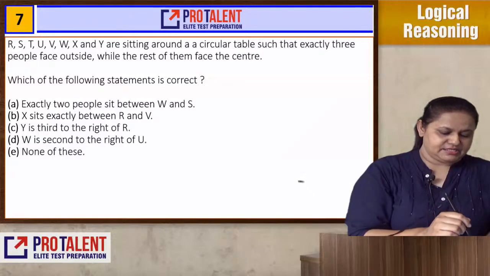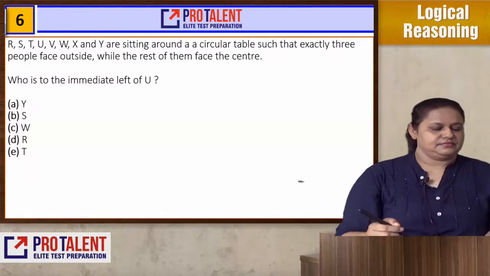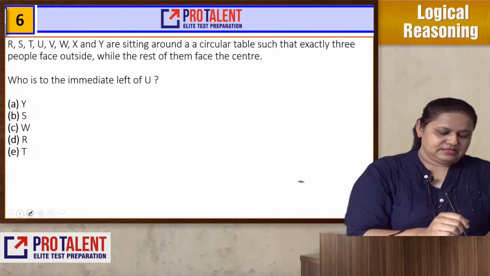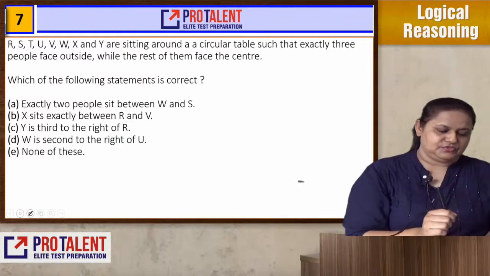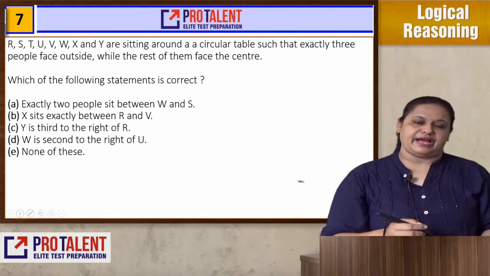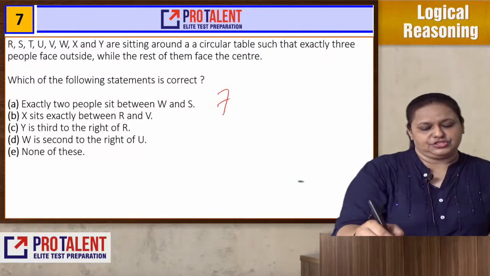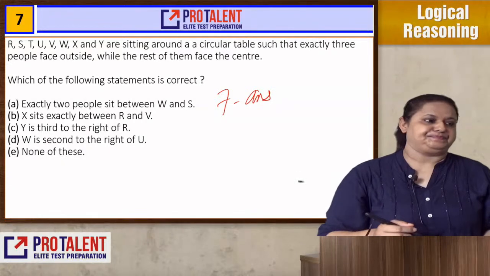Question number 6. The answer is C. Which of the following is correct? Because I have to scroll back. You have your set in front of your eyes. Tell me what is the answer. Question number 7, what is the answer?